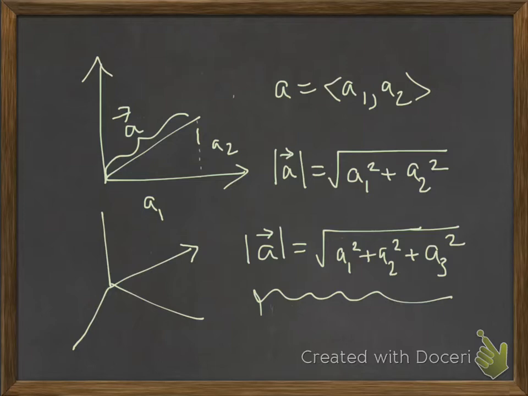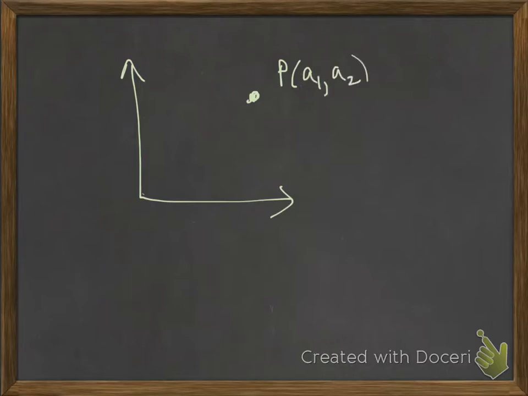Now, speaking of points and vectors, we can go backwards as well. If we have, let's start in 2-space again, a point P, which we'll say is (a1, a2), then we can describe a very particular vector that starts at the origin and whose terminal point is our point P. We actually call that the position vector of our point.